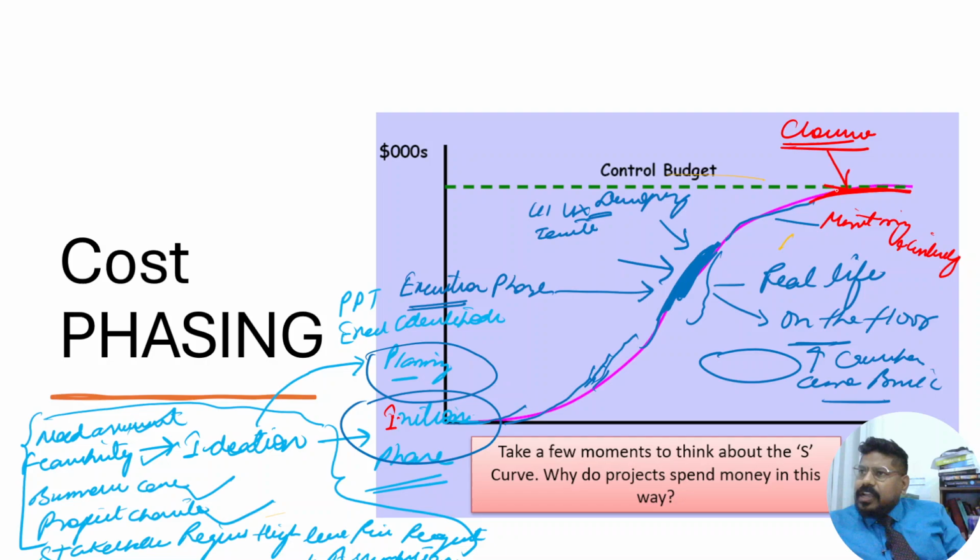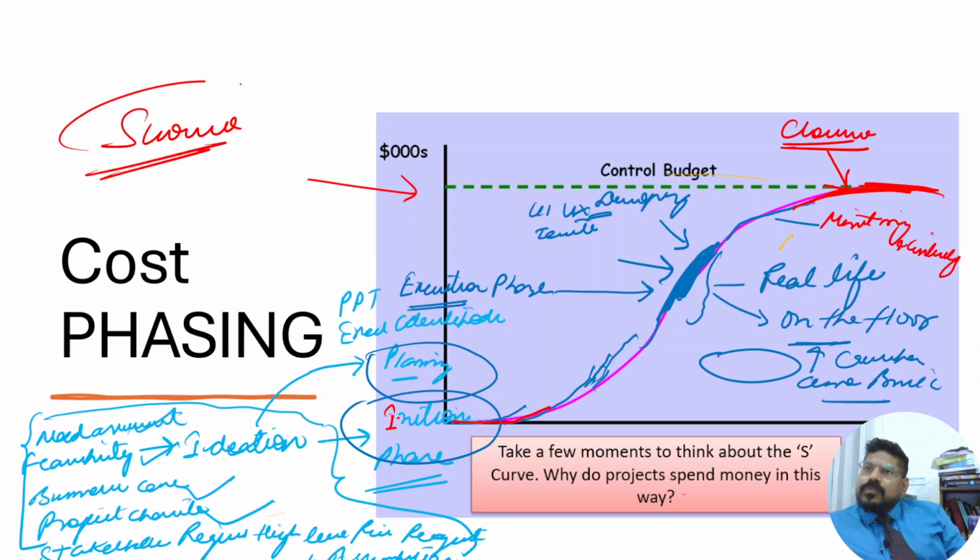At the closure phase, the cost involvement is almost zero because it is about to close. Normally, this cost budgeting graph will always follow the S curve, hence S-shaped curve, hence it is known as S curve. I hope this is clear.